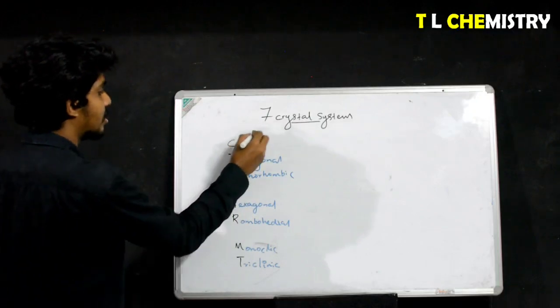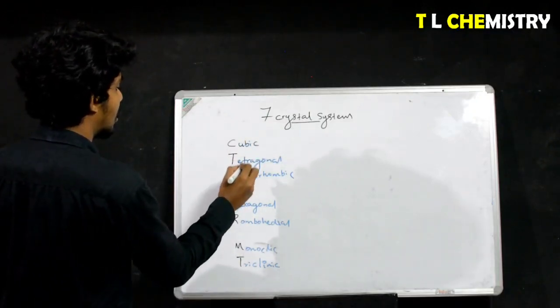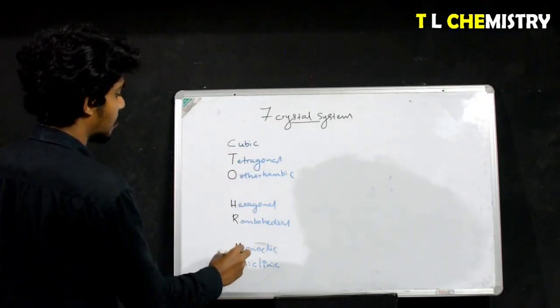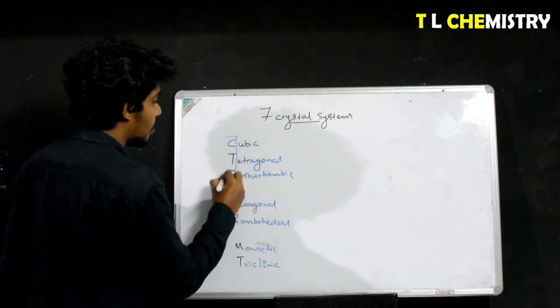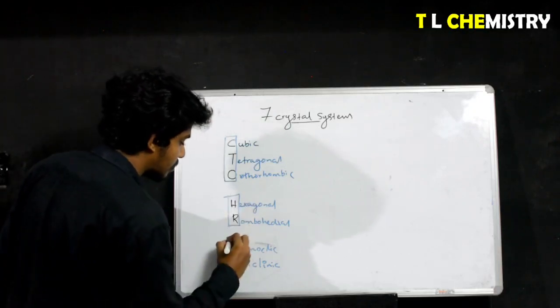These are the 7 crystal systems: cubic, tetragonal, orthorhombic, hexagonal, rhombohedral, monoclinic and triclinic. CTO, HR, MT.